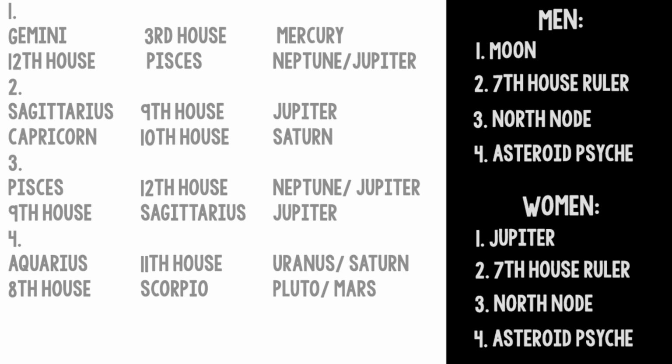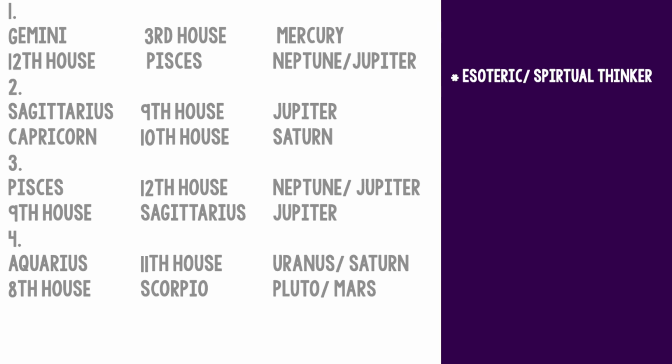So I'll do this with you just to show you an example, all right? If you pretend that this is your list, you would first see Gemini, Sagittarius, Pisces. So Gemini is the sign of learning, being ready to learn something new, always.